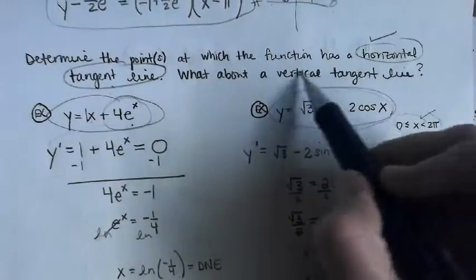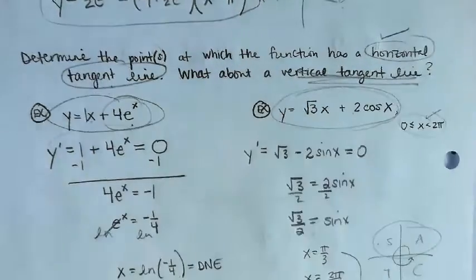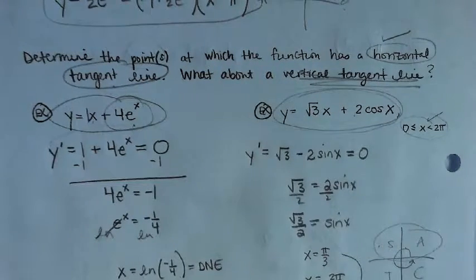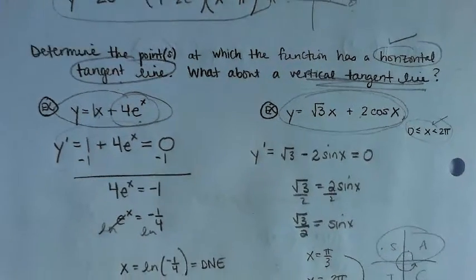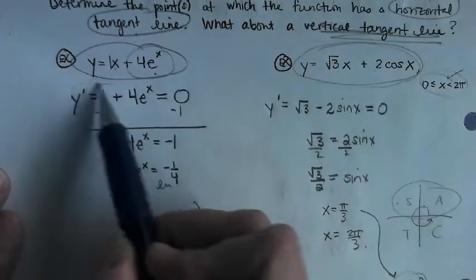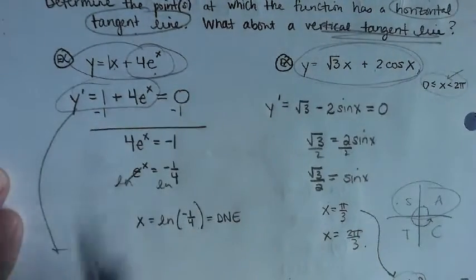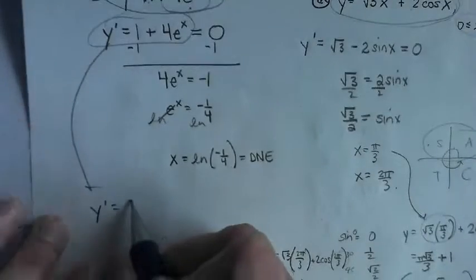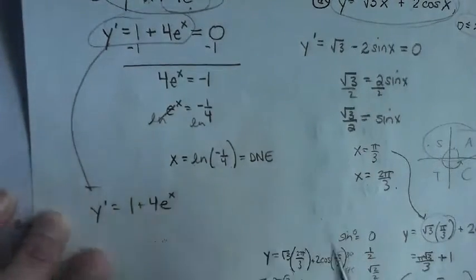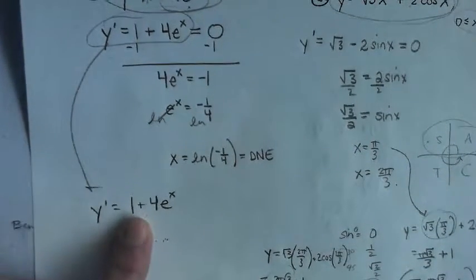Now, a horizontal or a vertical tangent line. What do you know about the slope of a curve if it has a vertical tangent line at that point? It's undefined. So we would try to figure out on this derivative, is there any x value that's going to lead to an undefined?